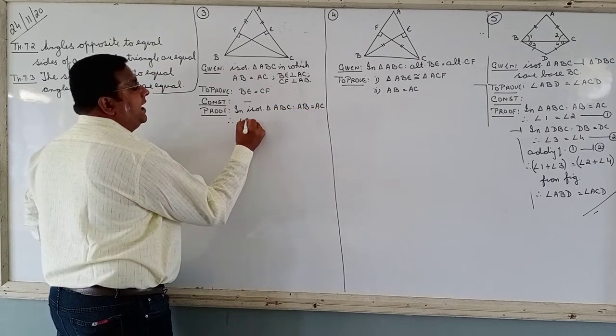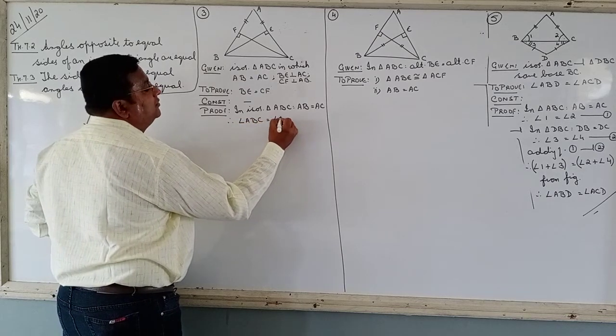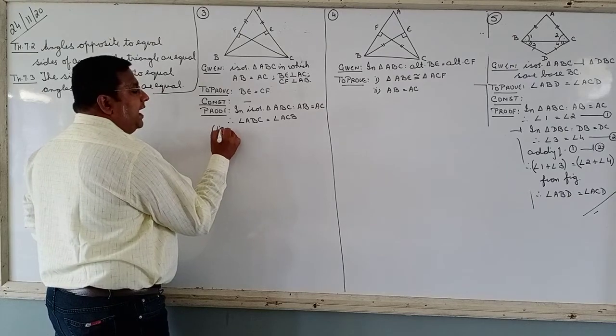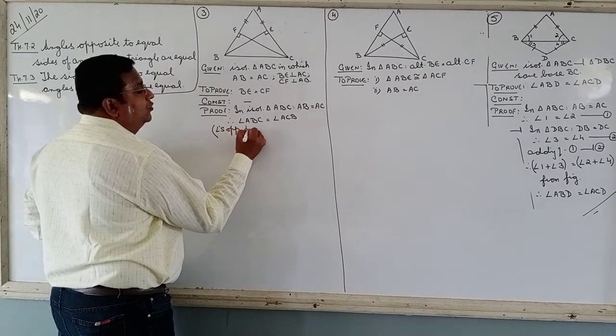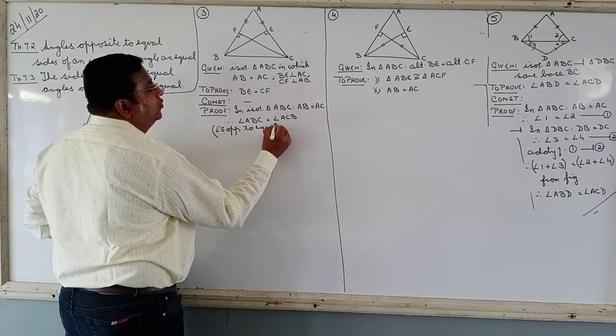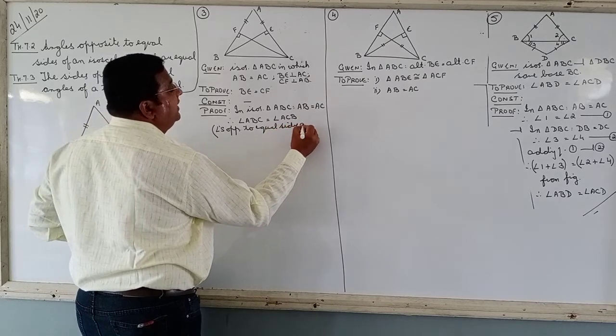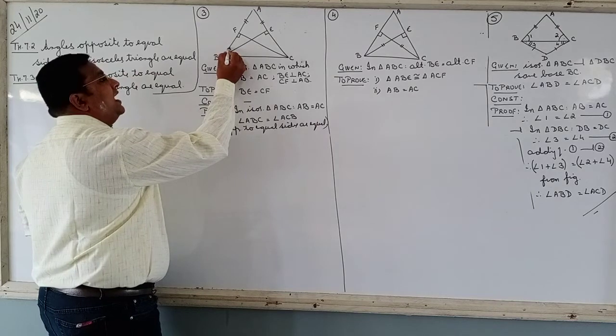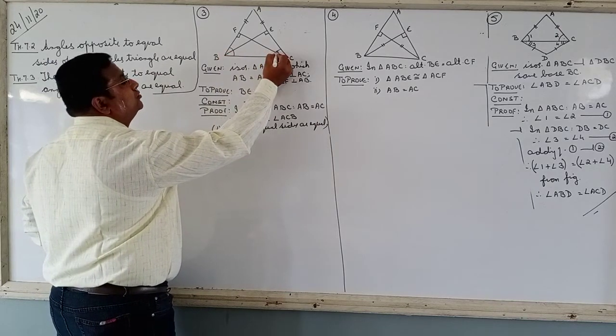So therefore, angle ABC is equal to angle ACB. Write down the reason: angles opposite to equal sides are equal. This angle B is equal to angle C.